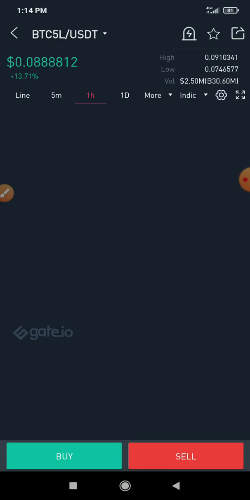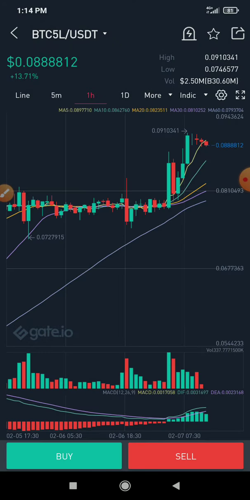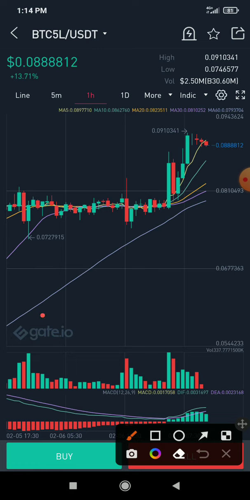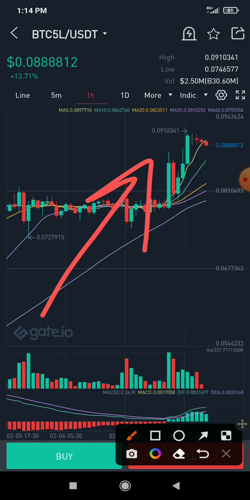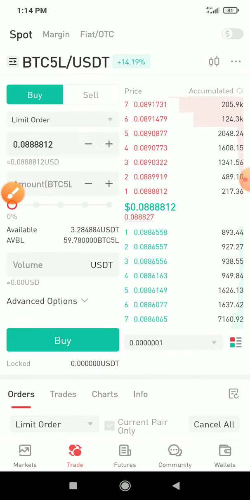So here on the 1 hour chart, this is the up direction. Or suppose we think the market is going to 50 to 60,000, then in this way we have to buy the ETF. Simple.